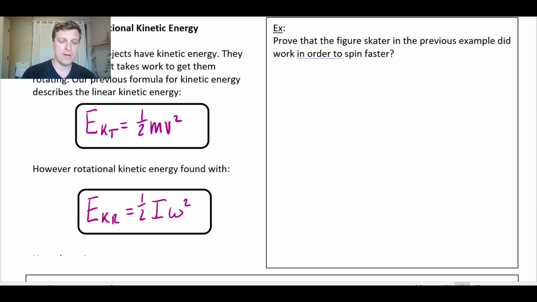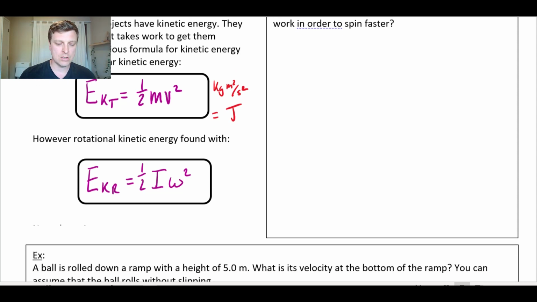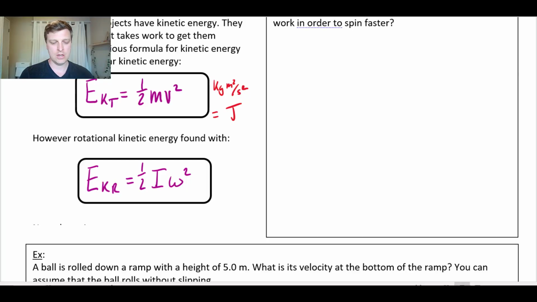Now, before we move on from this, it's important to just stop and think about the units. The translational kinetic energy units are very clearly kilogram meters squared per second squared, which of course we never call it that, we just call it a joule. Well, what are the units for rotational kinetic energy? Moment of inertia is measured in kilogram meters squared, and angular velocity is radians per second, so that squared would be per second squared.